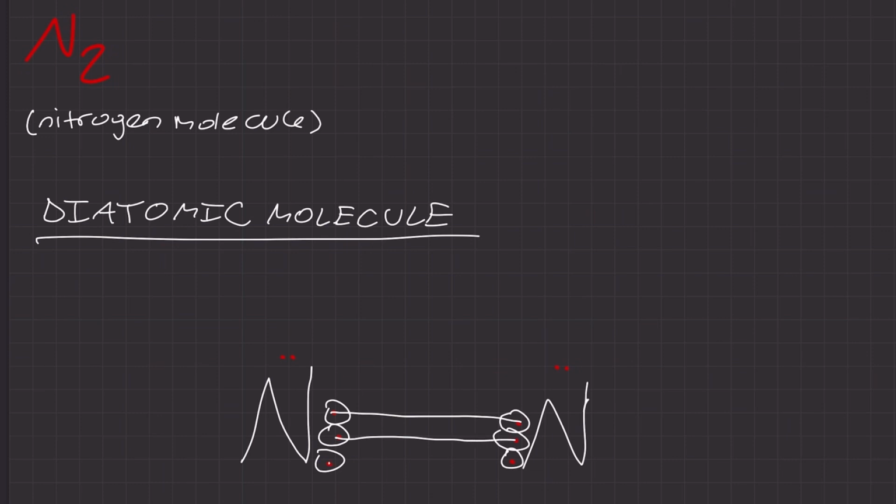So the bonds are drawn like this. And that fixes the issue because this creates 6 plus 2 plus 2, and each nitrogen atom will have 8 valence electrons in total. Pretty neat, huh? So this is an example of a triple bond.